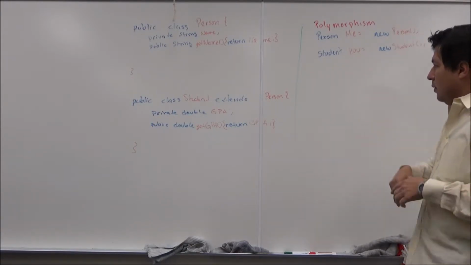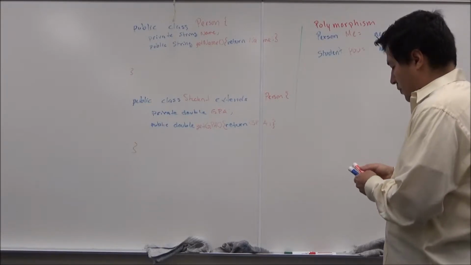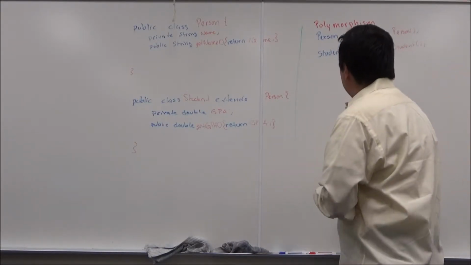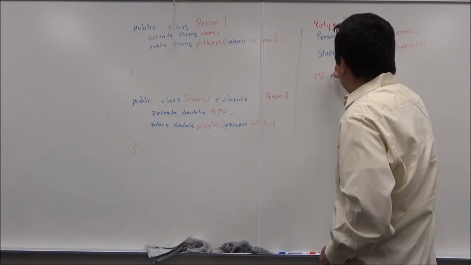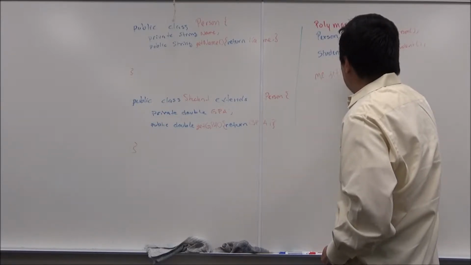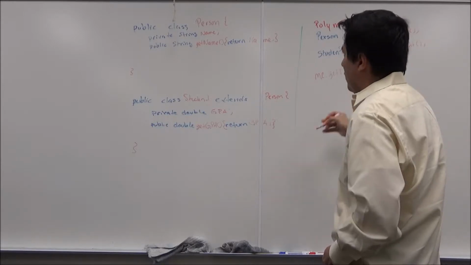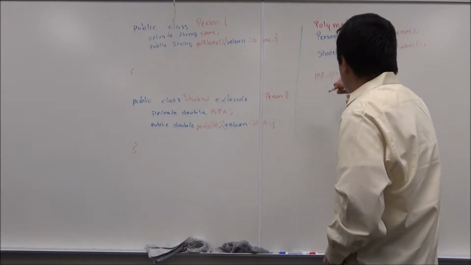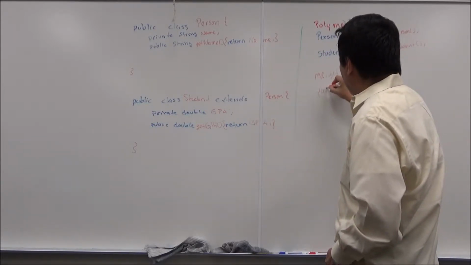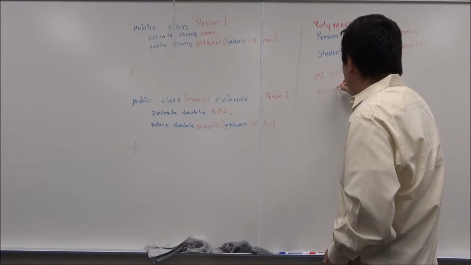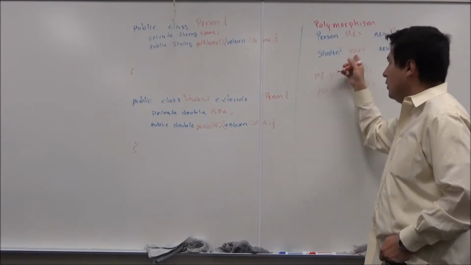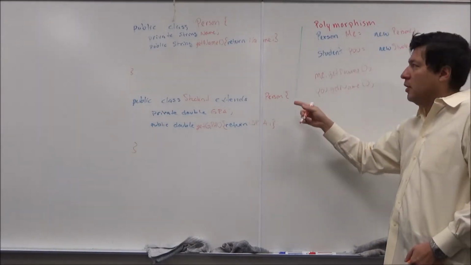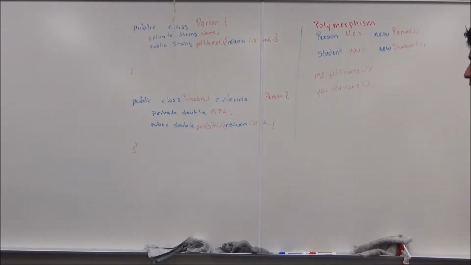So I could do me dot get name, right? Because that exists in the person. I could also do it here, in the student, because the student is a person, so therefore the get name exists.